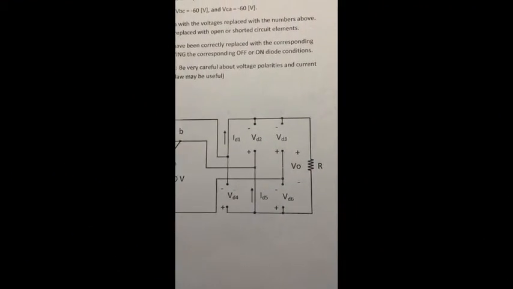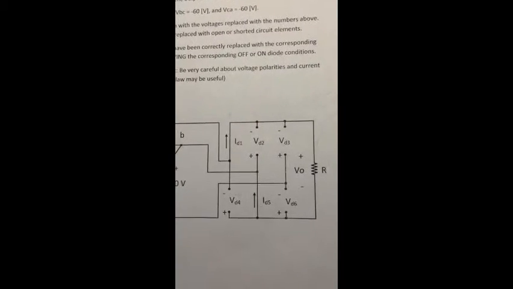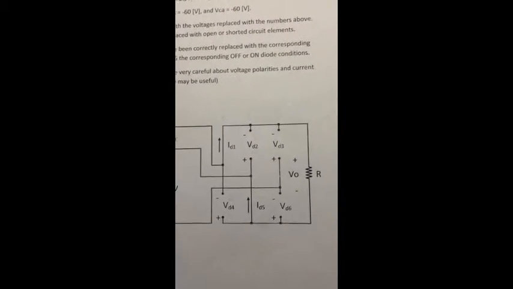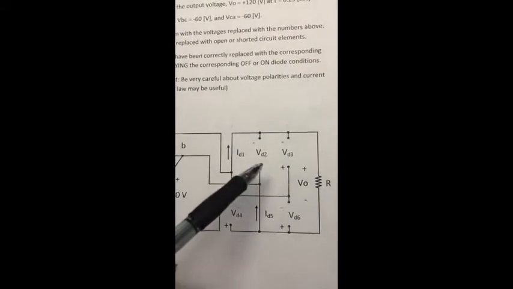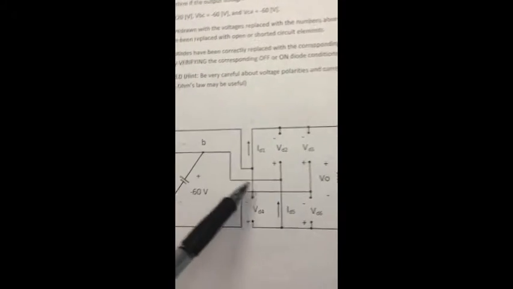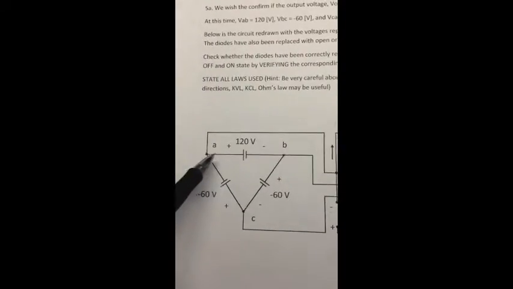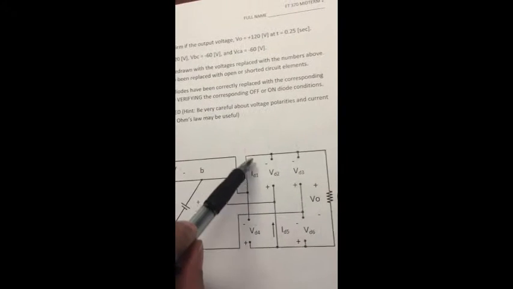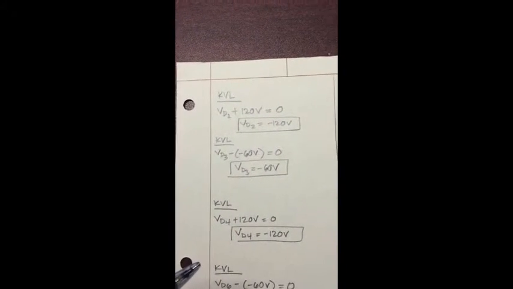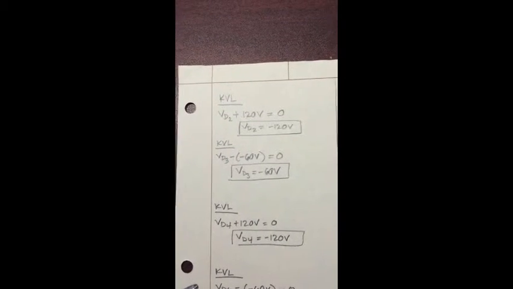So in order to prove that diodes 2, 3, 6, and 4 are in the off conditions, we're going to use KVL. Starting off with diode 2, we start from here, going through the 120 volts, and coming back. That gives us VD2 plus 120 volts equals 0, which gives us VD2 equals negative 120 volts.